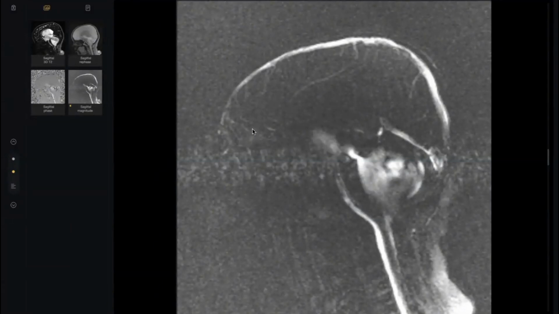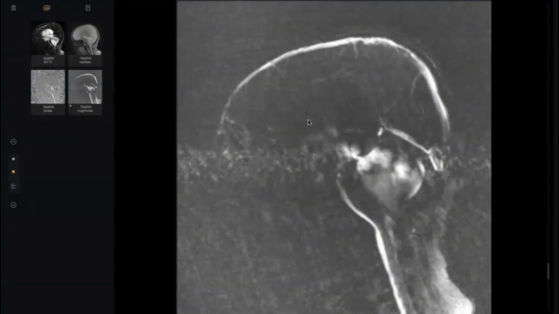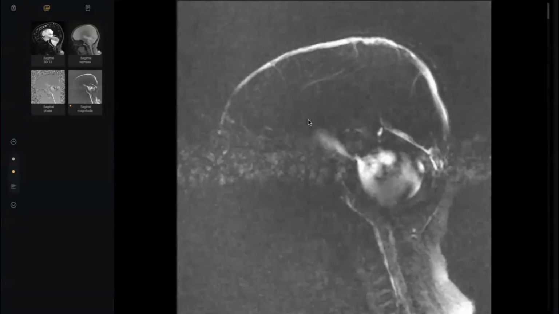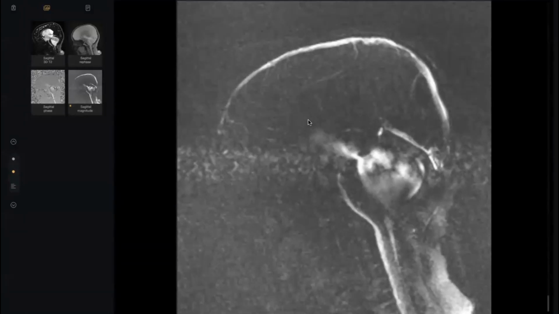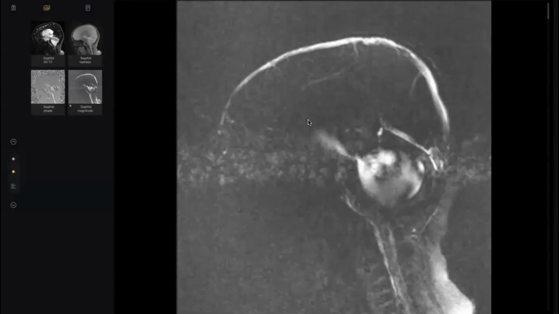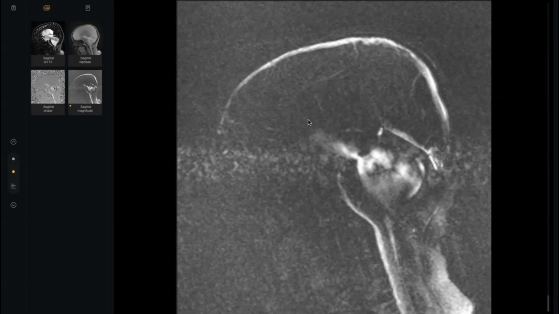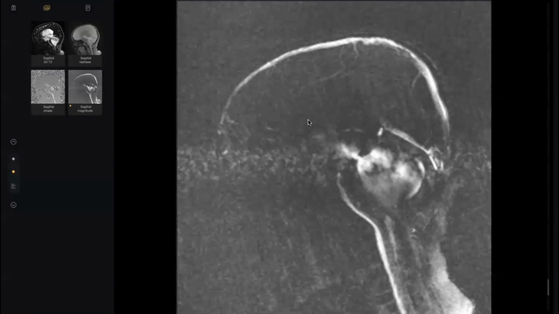Scroll. Okay. Hyperintensity is appreciated in the region of the fourth ventricle with prominent choroid plexus, and the visualized sinuses are normally opacified with contrast without any evidence of thrombosis.